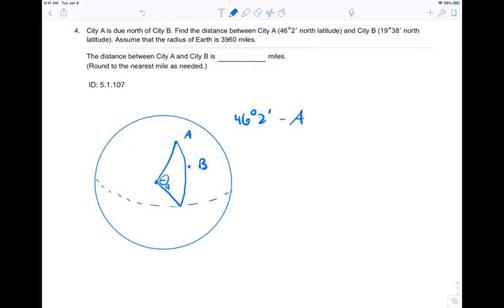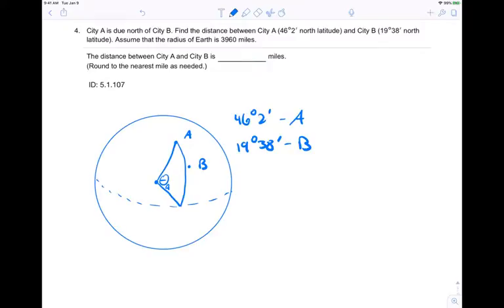Then we can do a similar discussion for city B, and that line of latitude, from the equator up to that city, a horizontal circle, makes an angle of 19 degrees, 38 minutes for city B. So we have two central angles.